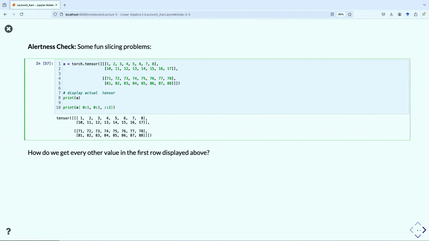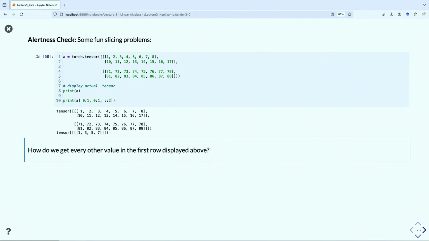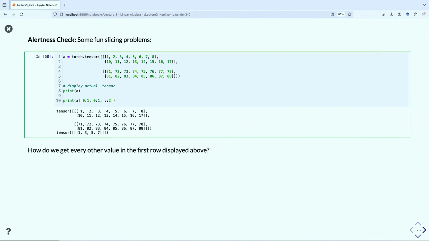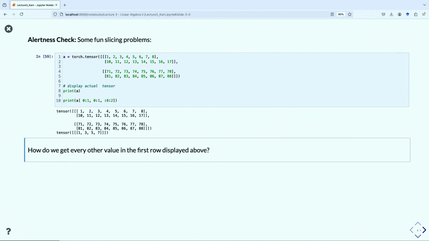Colon 8. Oh, let's see. So colon 2, would that work? Yeah, that works. What was the other option? Colon 8, colon 2. I think that works also. Yeah, that works also. Yeah, perfect. Yeah, so what's the shape of this tensor?